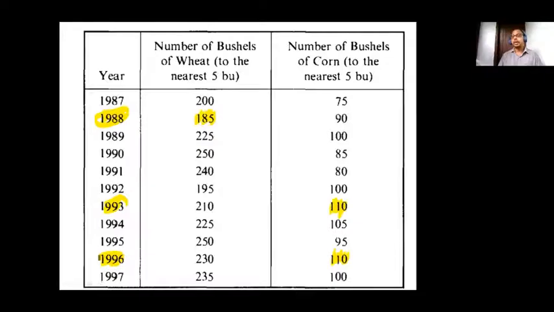For example, the number of bushels of corn produced was 110. The corresponding years are 1993 and 1996. So there are two values corresponding to 110. So this is the case of a multi-valued function.